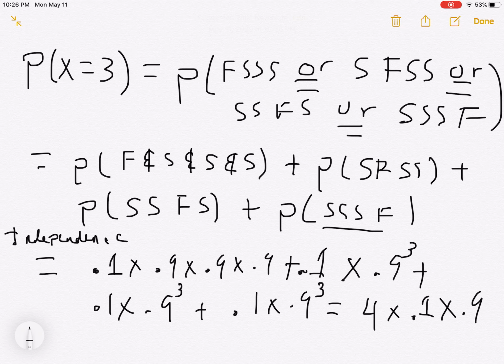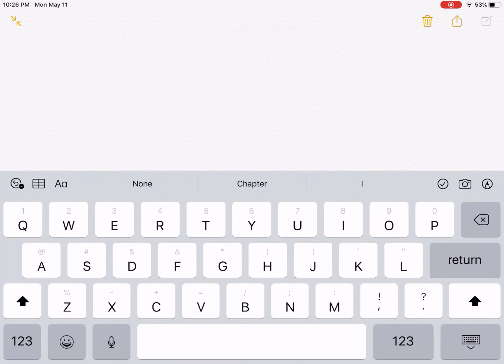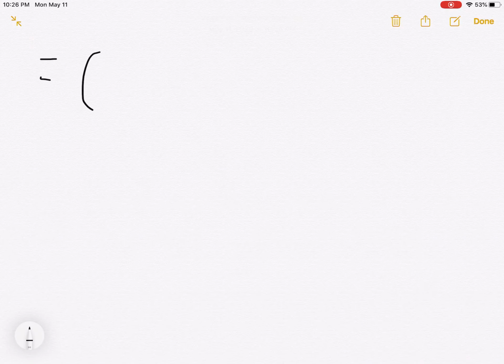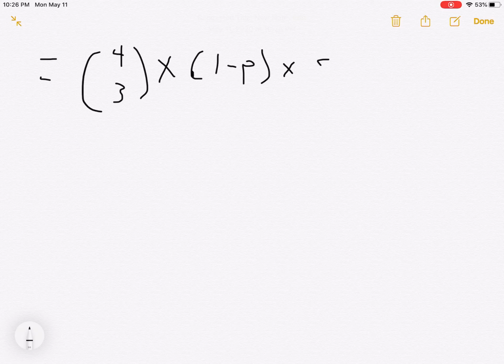Let's write this down just one more time and figure out what's going on. That 4, that looks like the number of trials. 4 choose 3. That's how I got that 4. Times 0.1, that's probability of failure. That's 1 minus p. Times p to the third. Okay. And really, I think this 1 minus p exponent is 4 minus 3.